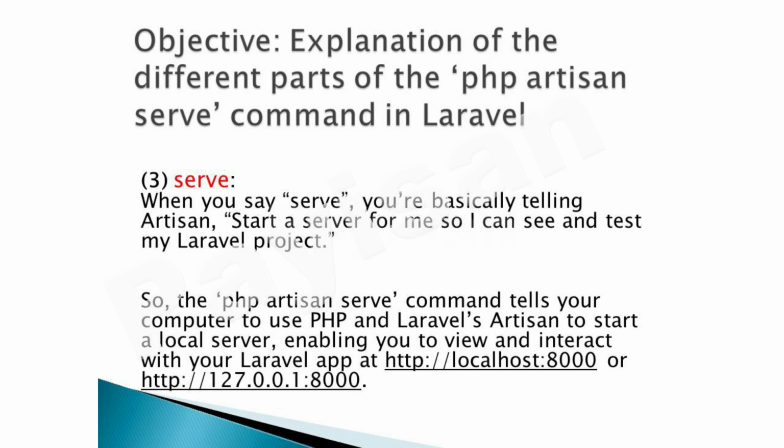So if we want to join them all together, when we type PHP Artisan serve, what we actually mean is that Laravel Artisan should start a small server for development, and the person can open the Laravel application in a web browser with an address that will look like HTTP localhost 8000 or HTTP 127.0.0.1 8000.